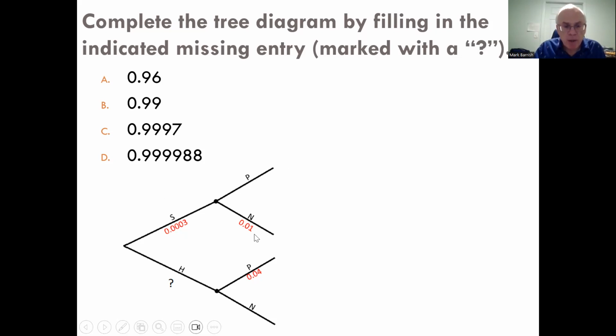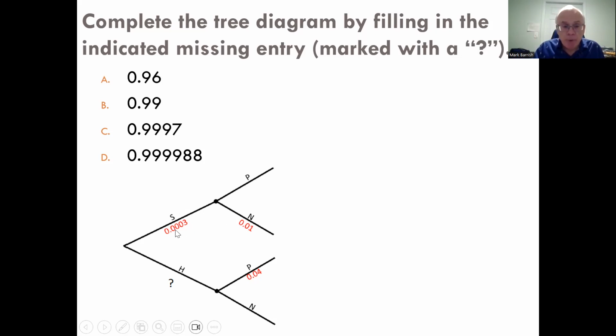And how do you do that? Well, if 0.01 is the probability that the diagnostic test says you don't have the disease, given that you really do, then the positive result along this branch here must be 1 minus 0.01 or 0.99. Okay?